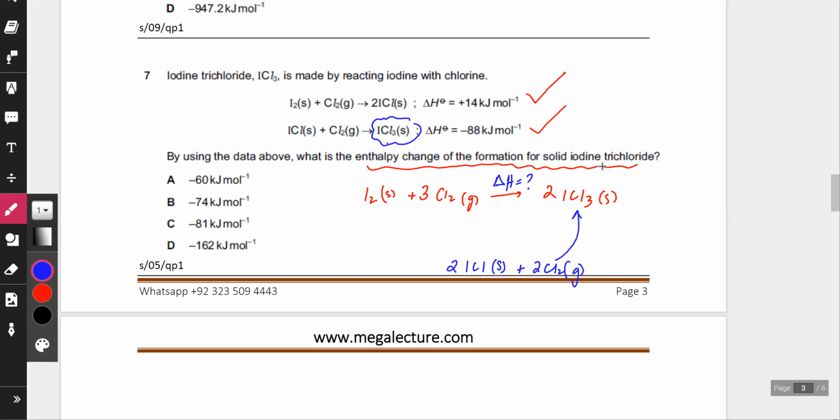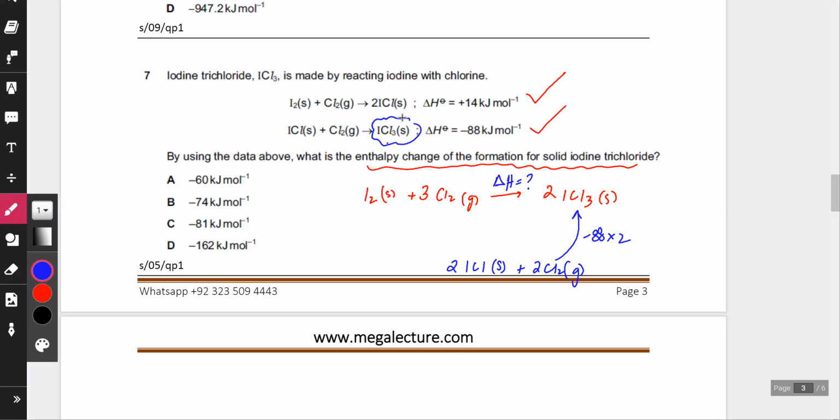So this is what's happening. And the value for that is going to be minus 88 times 2, right? It's going to be double because I'm making 2 ICl3. ठीक है, Amal, is this part clear?